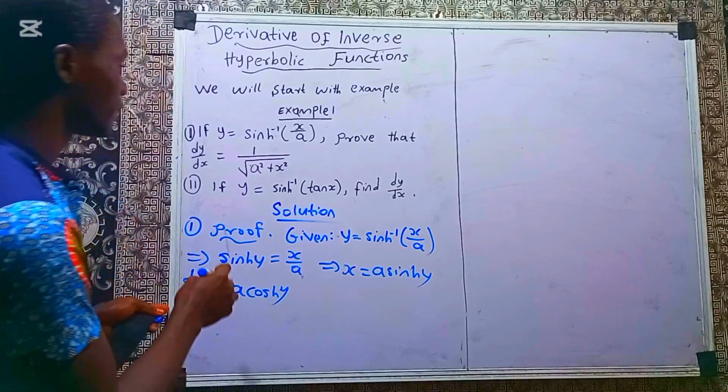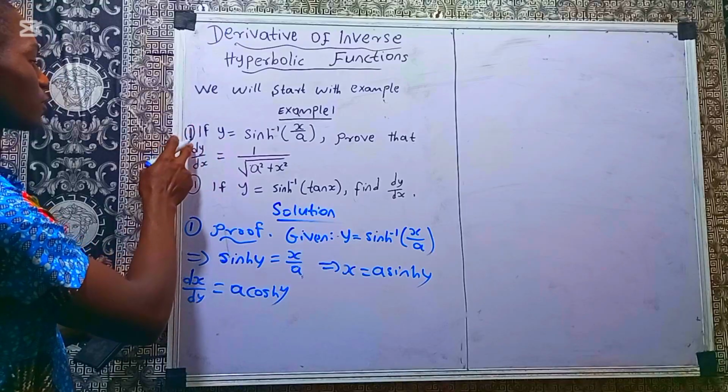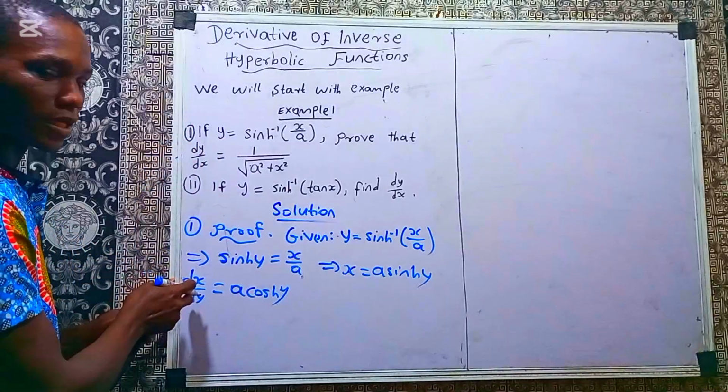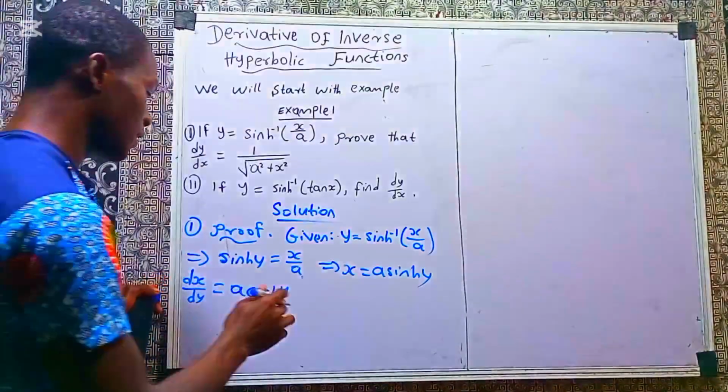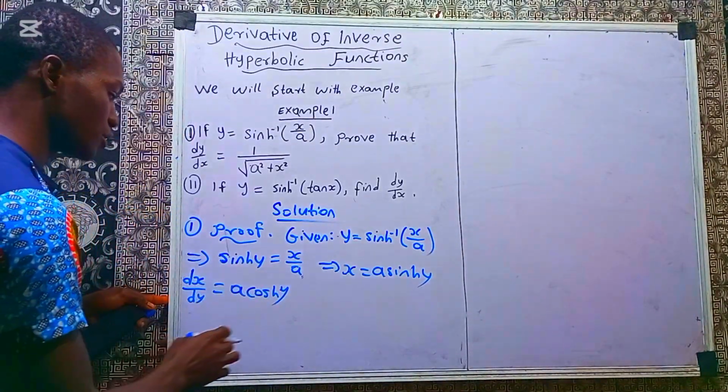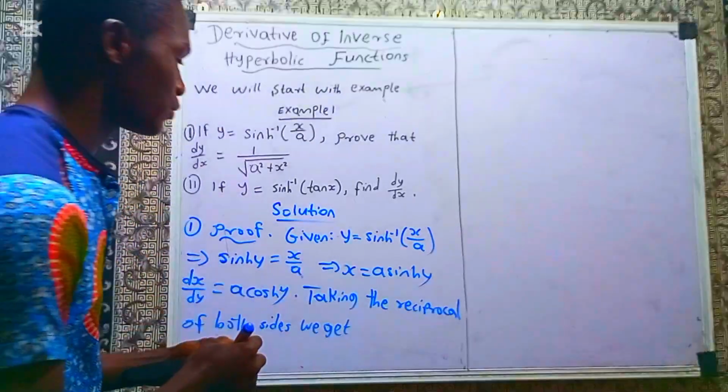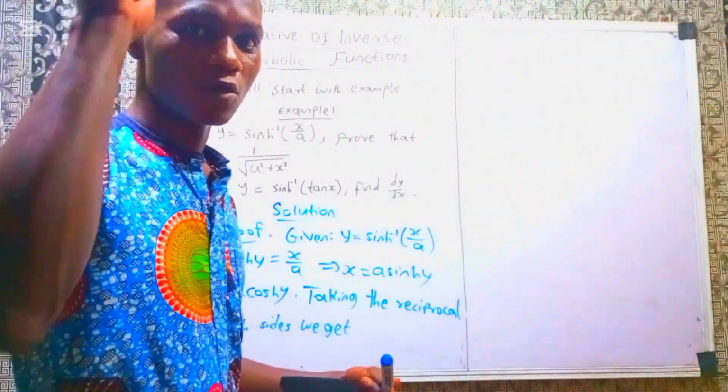But in this proof, we are looking for dy/dx, not dx/dy. So we can take the inverse, or reciprocal, of this expression. We are going to take the reciprocal of both sides. Reciprocal is just 1 over.